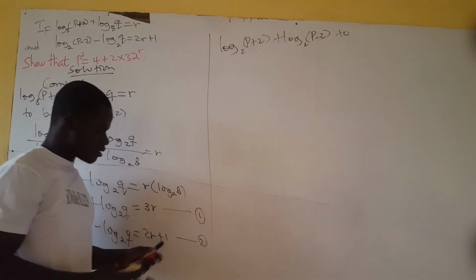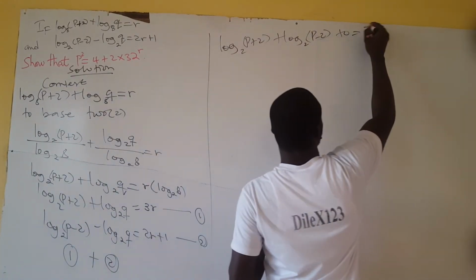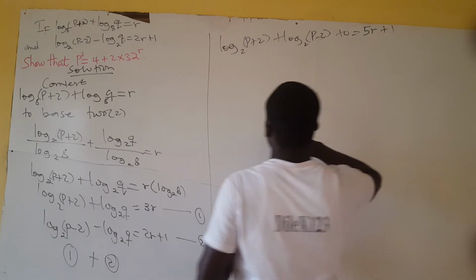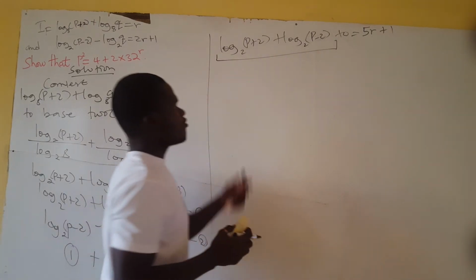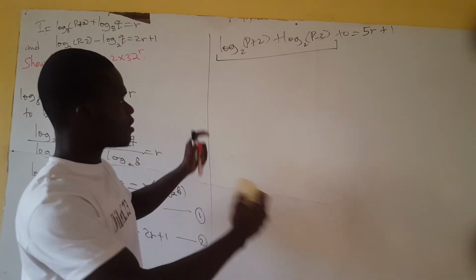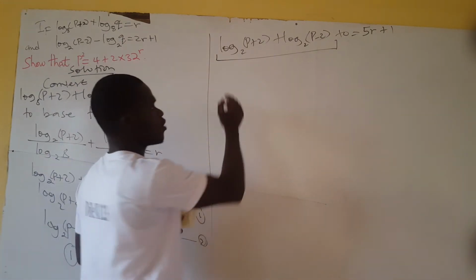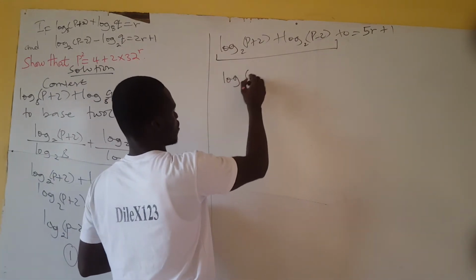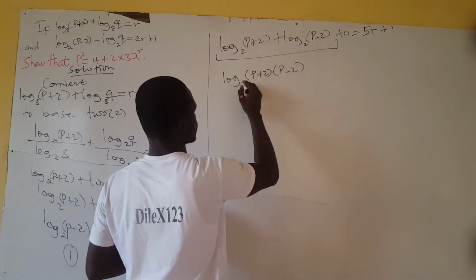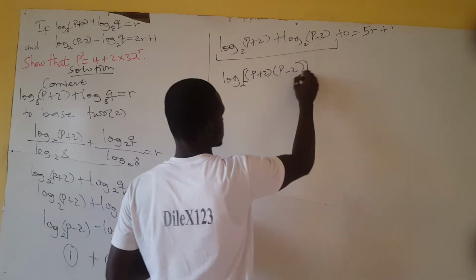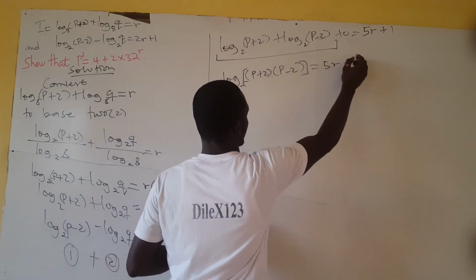Then 3r plus 2r plus 1 gives 5r plus 1. On this side, we have two logarithms of the same base and they are added. So what we do is write one of the logarithms and multiply the arguments, p plus 2 times p minus 2, all still in base 2, equals 5r plus 1.